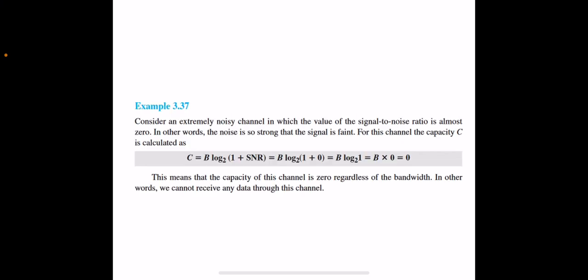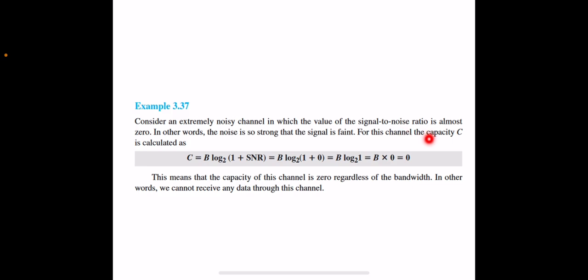We'll see an example. Consider an extremely noisy channel in which the value of the signal to noise ratio is almost 0. SNR is 0. That means all the data we are transferring will be converted into noise, a completely noisy channel. In other words, the noise is so strong that the signal is faint.